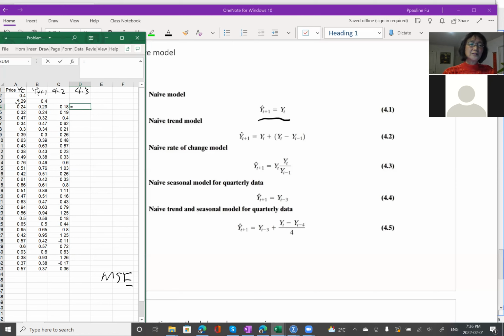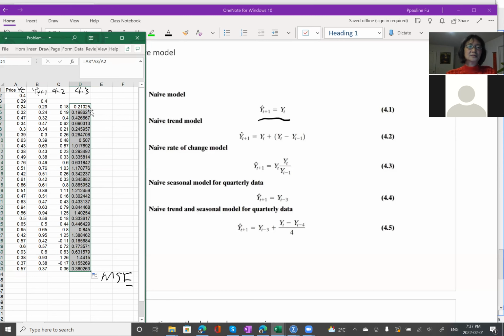Who is the previous value? A3 is the previous value. Times the previous value over the value before it, so A3 again over A2. That is formula 4.3. And then you drag it down.